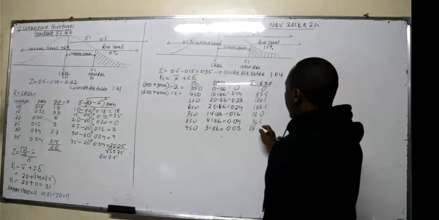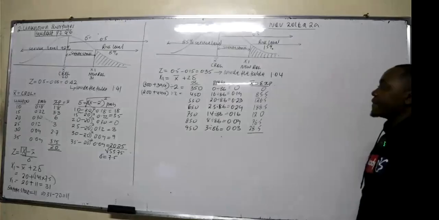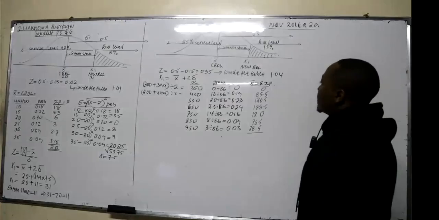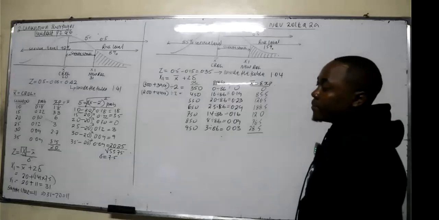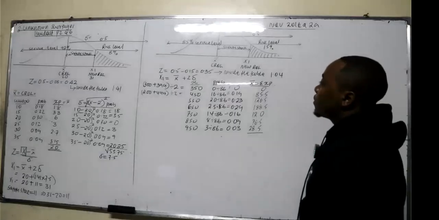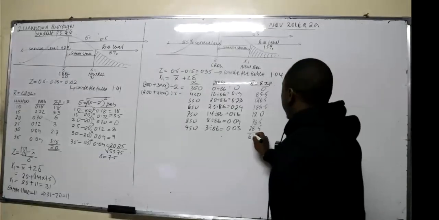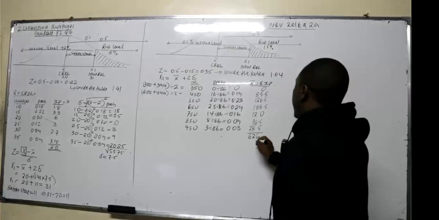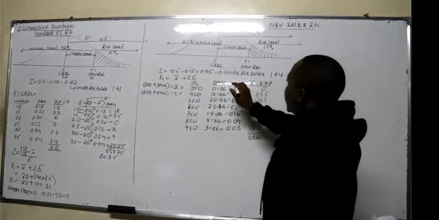Now let's add the total. We get 626. Let's work with 626. Then that's our current reorder level.